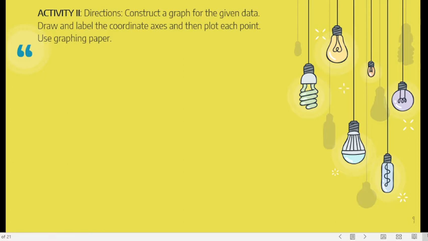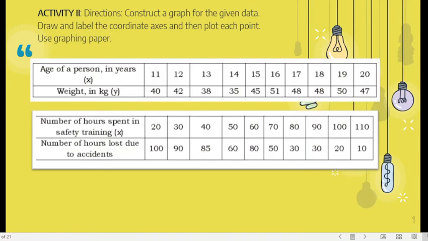Okay, for the first graph that I want you to construct, we have the age of a person in years, that will be your x variable, and his weight in kilograms, that will be your y variable. For the second graph that you are going to make, for our x axis, we're going to have the number of hours spent in safety training, and of course for the y value, we have the number of hours lost due to accident.